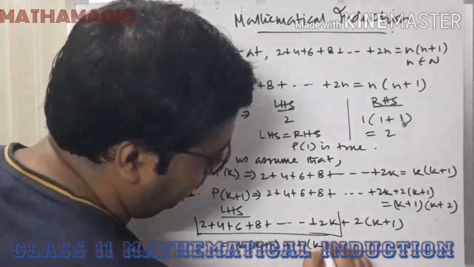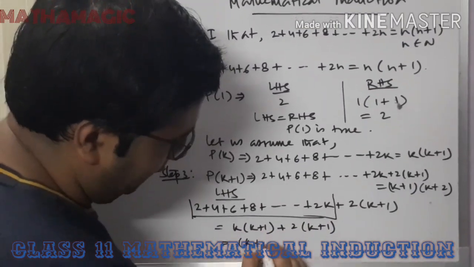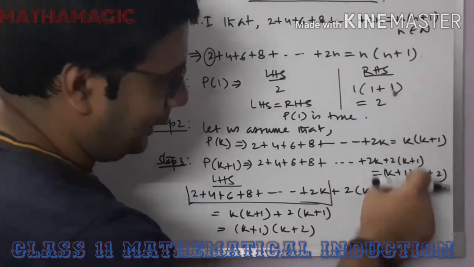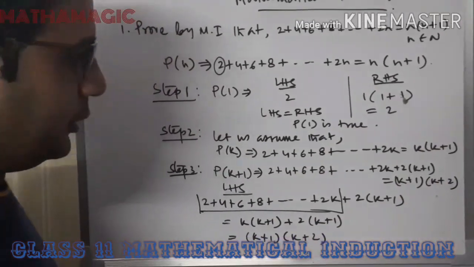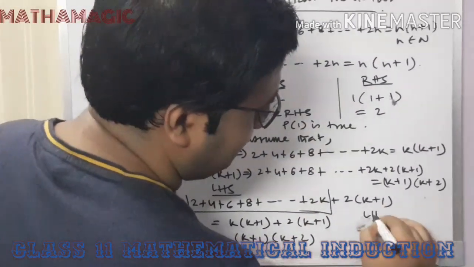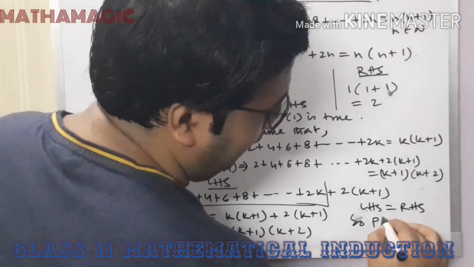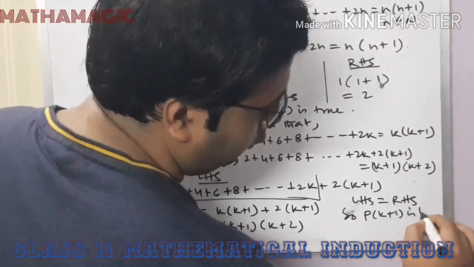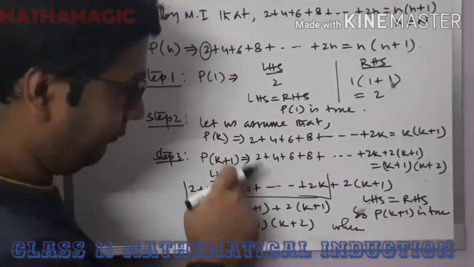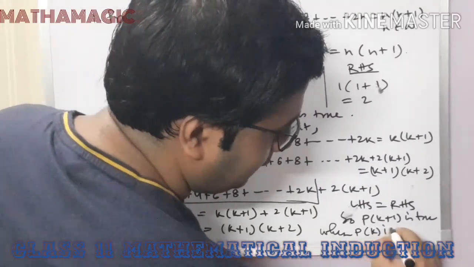That is 2 into k plus 1. So we can take k plus 1 common. So it will be k plus 1. So what will remain? k plus 2. See, it is exactly equal to RHS. So here we can say that LHS is equal to RHS. So P of k plus 1 is true, because we have used the value of P of k, so we will write that when P of k is true.